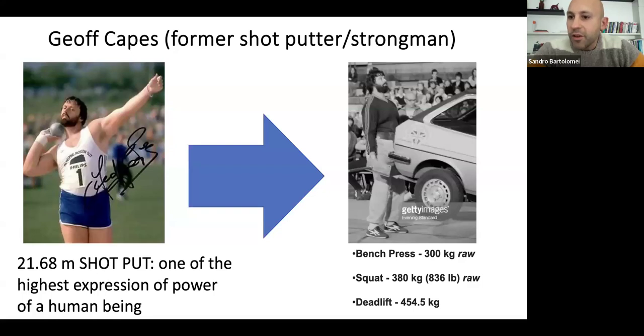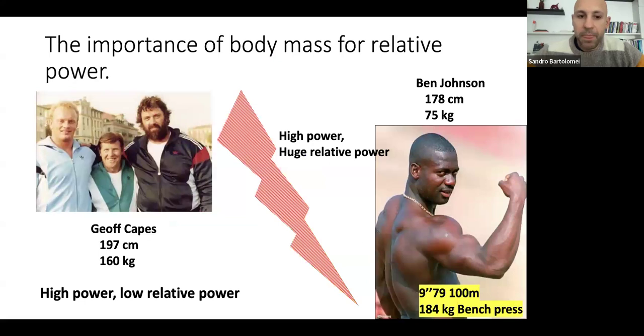So he was actually very strong, even if his main purpose was to accelerate the shot. So the amount of force that is required to accelerate something is related to how heavy the object to be accelerated is. Okay.